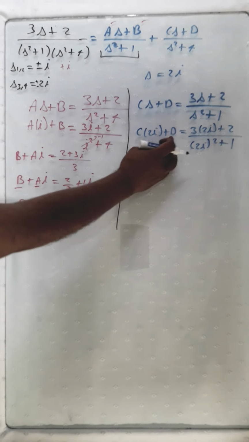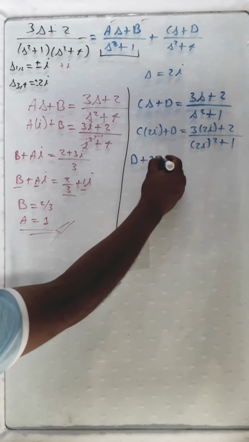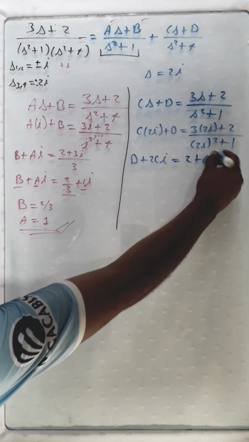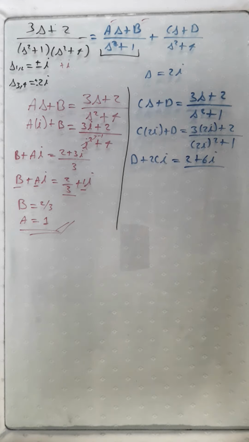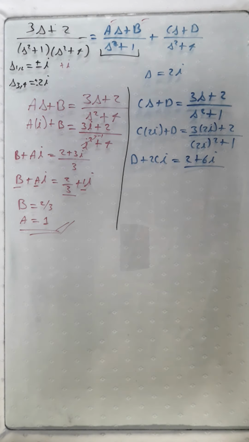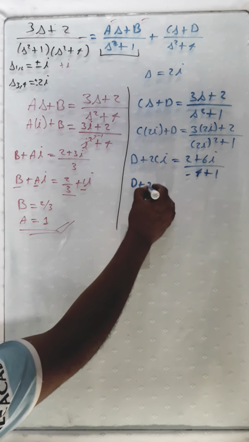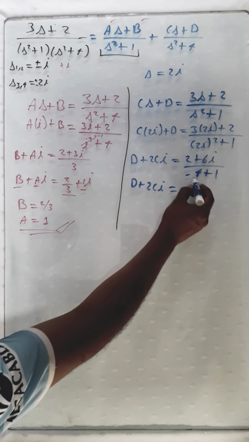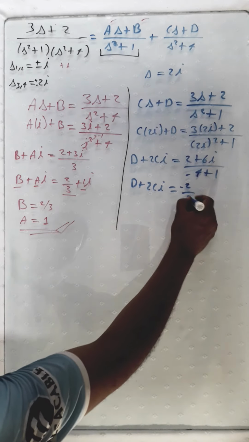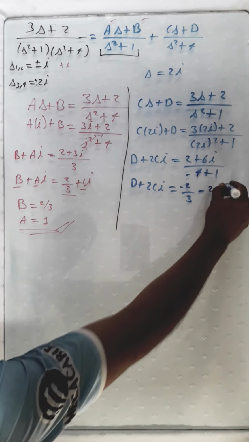I'm going to write again first the real part and then the imaginary part. d plus 2ci equals (2 plus 6i) divided by, now 2 squared becomes 4 and the i squared becomes negative, so it's going to be minus 4 plus 1. So d plus 2ci is equal to, minus 4 plus 1 is going to be minus 3, so it's going to be minus 2 over 3 and then minus 6 over 3 times 2i.